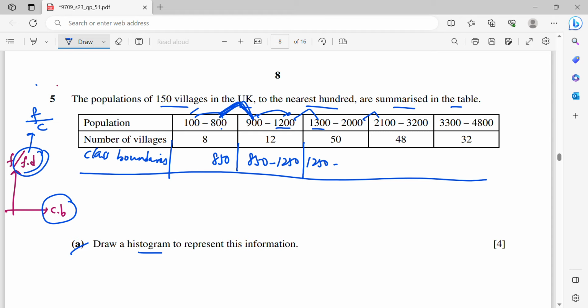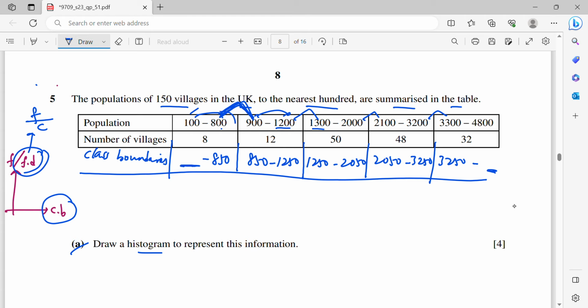Average of 2000 and 2100 is 2050. Then here 2050 until the average of 3200 and 3300, which is 3250. So here 3250 until now. What do we get for the first lower boundary and the last upper class boundary?